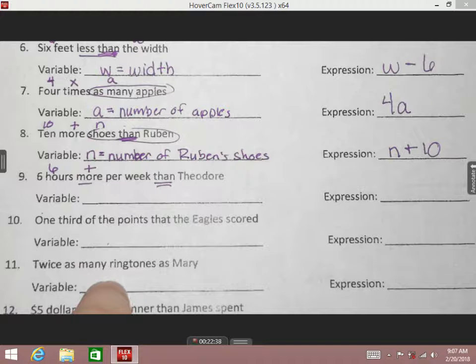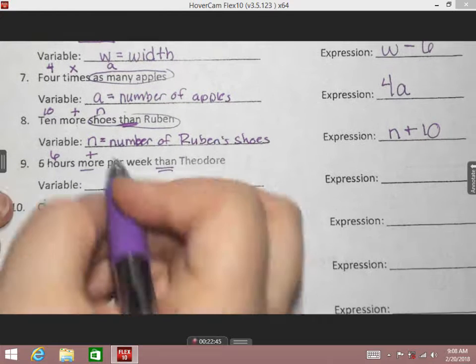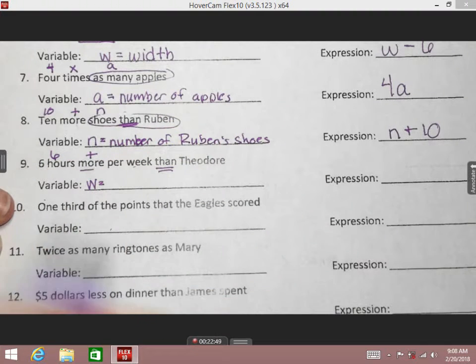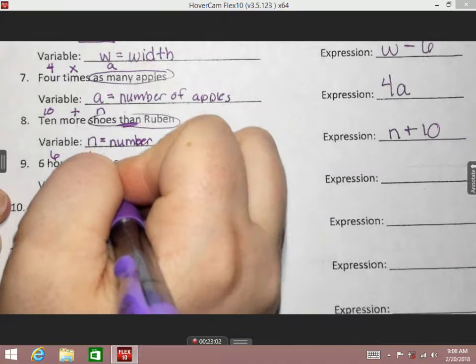How many hours Theodore gets per week. So we want to make sure we include that. So what you might want to do is use W, so we remember it's talking about per week. We could also use H for hours. We could use T for Theodore. We could use N because we're talking about the number of hours. So I'm going to use W. It doesn't really matter though. W because that's hours.